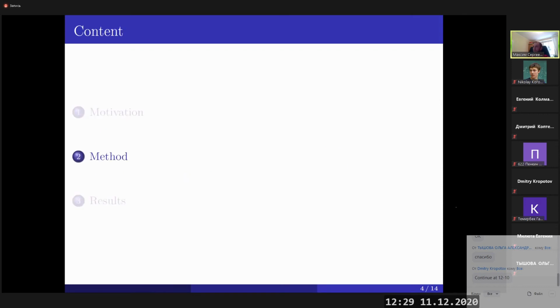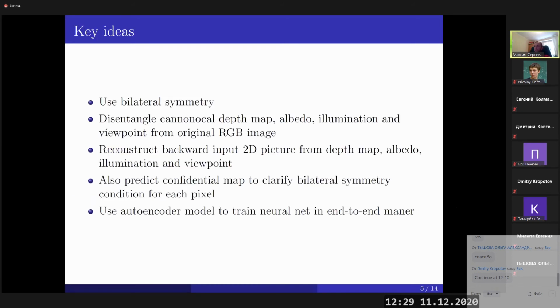So now I want to tell you about the method. As I said, we will use bilateral symmetry. Also, the main idea is to disentangle some basic qualities of the 3D image. First of all, it's the depth map. The depth map is one of the key features of the 3D recovering task.